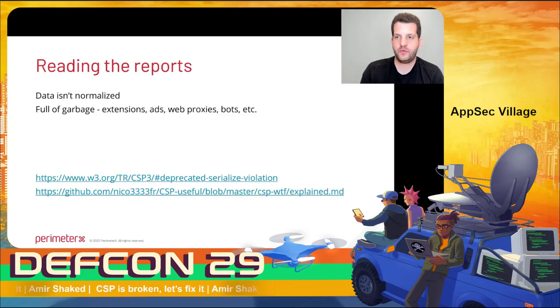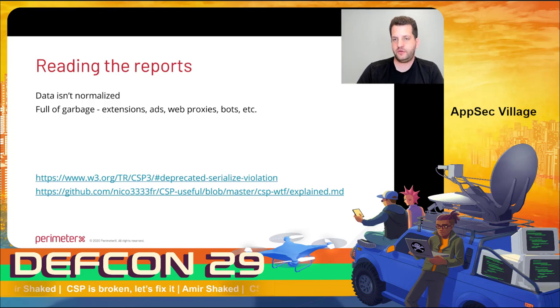Okay. So let's talk about actually reading the reports. This is an interesting case. When you actually have an installation in place with the reporting on different violations and you're trying to understand what you're seeing, you see that data isn't normalized. It really is full of stuff that's not relevant. Anything that an extension on the browser that adds code to the page will actually create violations that you have nothing to do with.